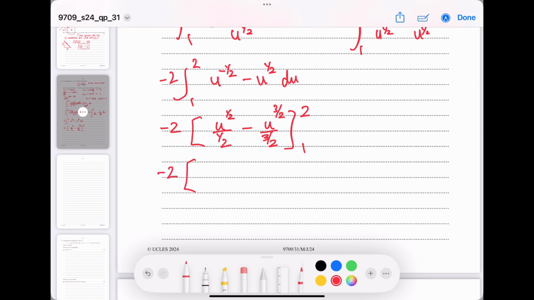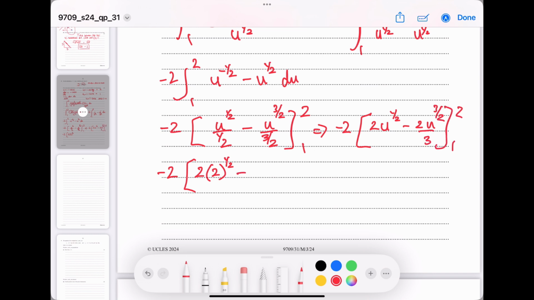Negative 2 times: u to the half divided by a half is 2u to the half, minus 2u to the 3 over 2 over 3.